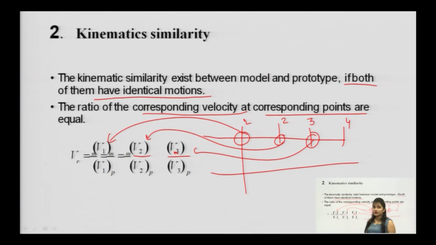Hence, at a particular location with that scale ratio, you will be calculating either velocity or acceleration, and if their ratios are the same, you can conclude that the model and prototype possess kinematic similarity.